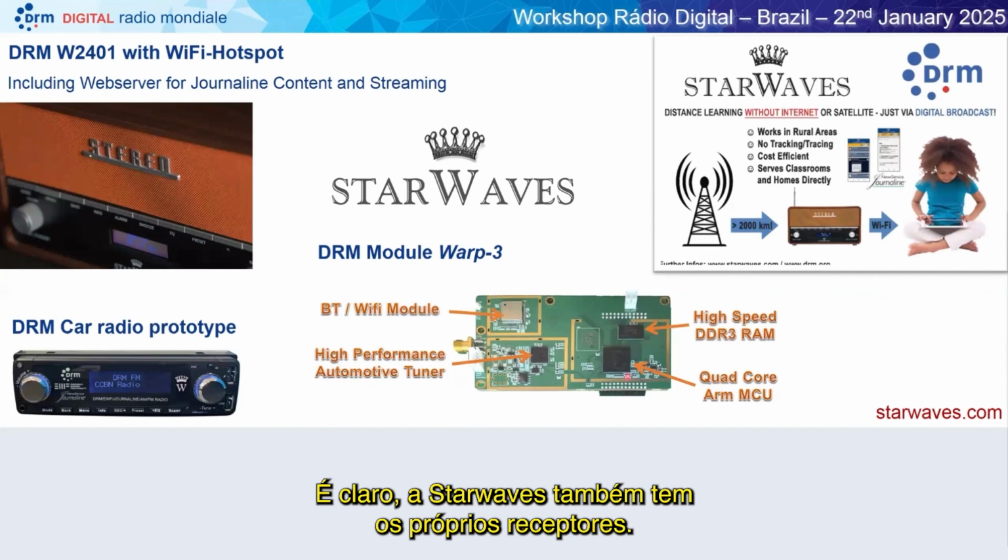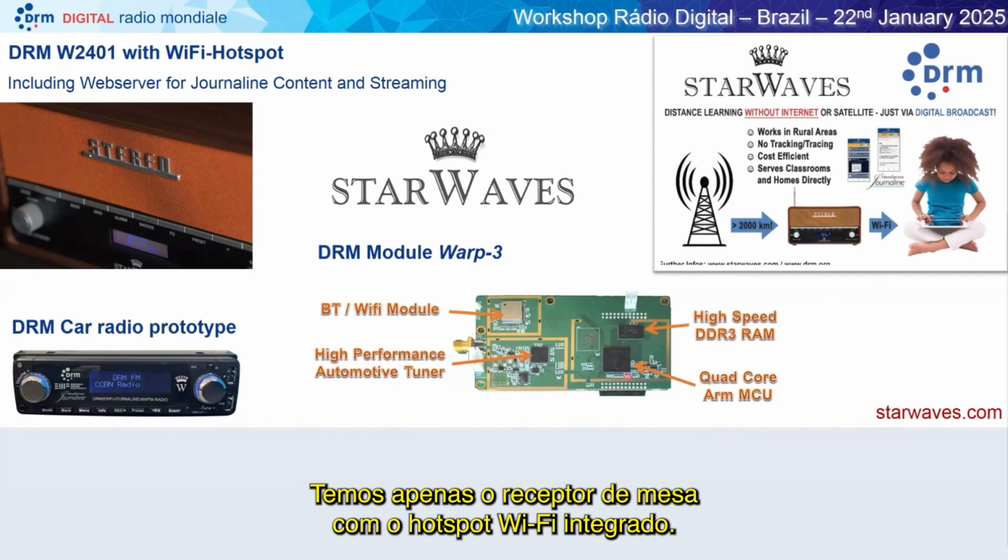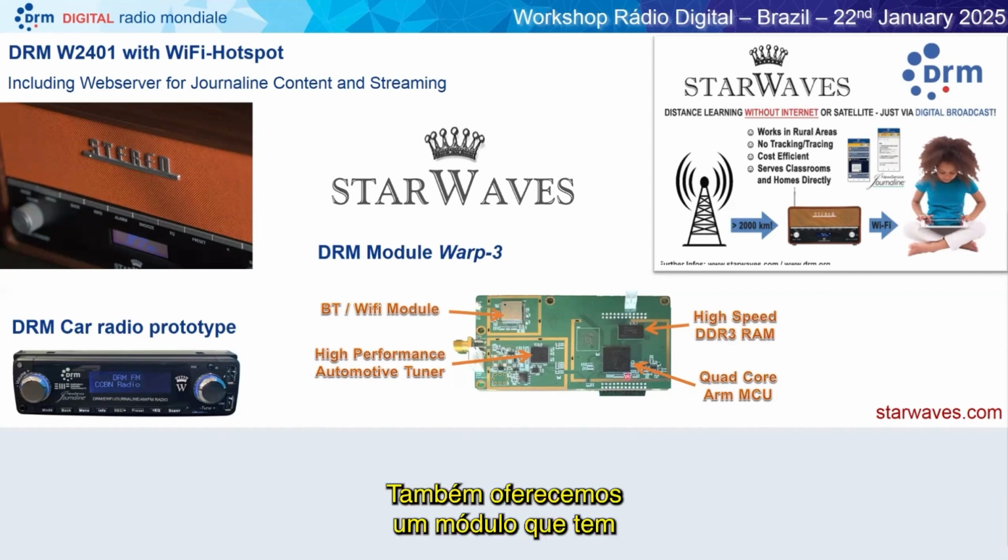Then, of course, we at Starworks also have our own receivers. We have the desktop receiver with the integrated Wi-Fi hotspot. We also offer a module which has the Wi-Fi chipset on board, as you can see here. So this module can be used for any radio that you want to build where you want that Wi-Fi functionality.